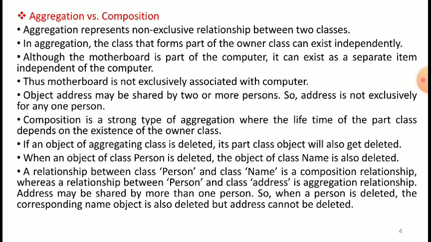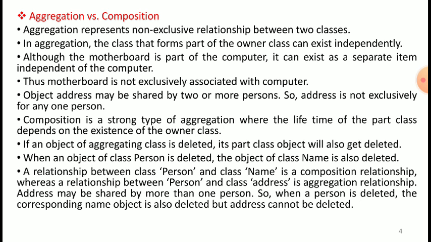When an object of class person is deleted, the object of class name is also deleted. And the relationship between class person and class name is a composition relationship, whereas the relationship between person and class address is an aggregation relationship.